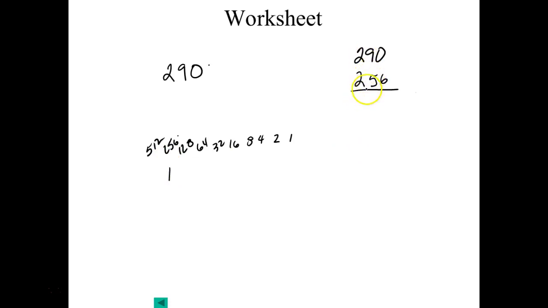Everybody okay? Okay. Can I subtract a 128 from that? So I'm going to put a 0 over there. Can I subtract a 64 from that? No. So I'm going to put a 0. Can I subtract a 32?